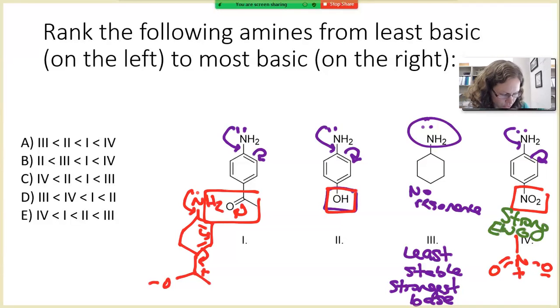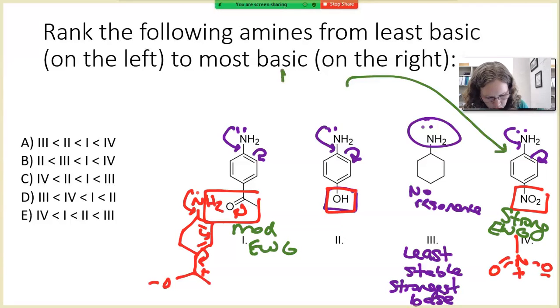And the acetyl group was considered a moderate electron withdrawing group. So we can use that here to tell which of these 2 molecules is going to be more stable overall. So the nitro group, which is a strong electron withdrawing group, is going to be the most stable. So the most stable is going to equal the weakest base.